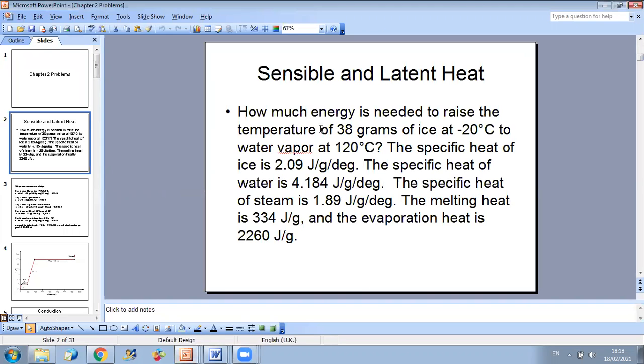We'll start first with a problem on sensible and latent heat. The question is, how much energy is needed to raise the temperature of 38 grams of ice at minus 20 degrees to water vapor at 120 degrees? The specific heat of ice is 2.09 joule per gram per degree.